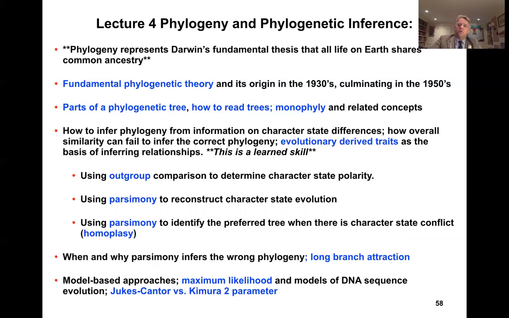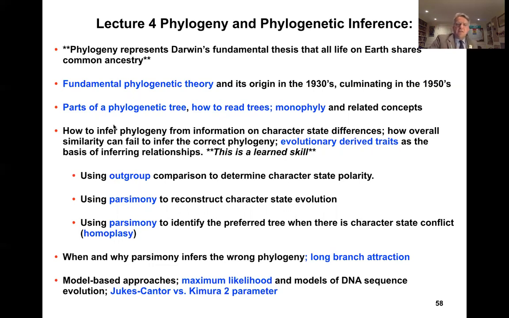In fact, this will be part of one of your P sets. And be able to articulate how overall similarity can fail to infer the correct phylogeny. Remember, evolutionary derived traits are the basis for inferring relationships. This is a learned skill, but also philosophically, this is the logic of phylogenetic systematics. Groups are defined by common ancestry, and evidence of common ancestry comes from shared derived traits.